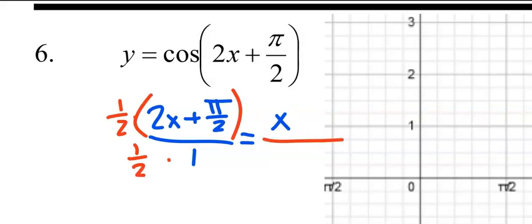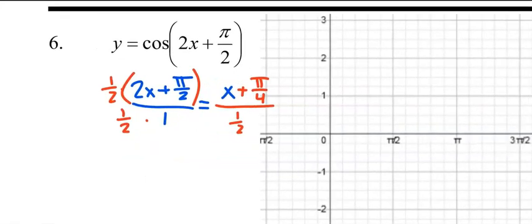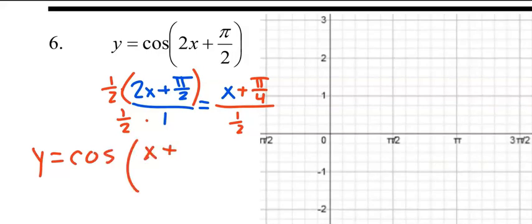And that would give me x plus what? Pi over 4 divided by 1/2. Okay, now that we've got it in fireproof form, you do the rest. Find your A, B, H, and K.